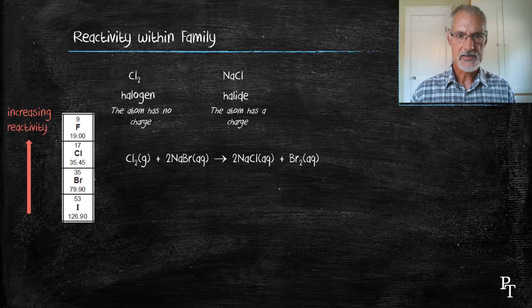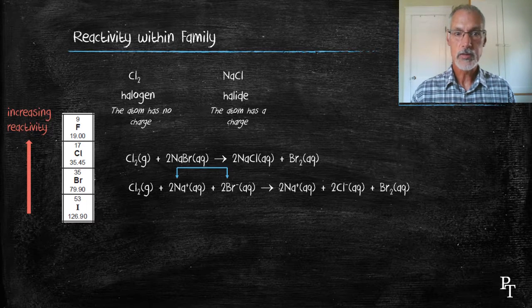In order to understand it more closely, I'm going to express the reaction as a net or ionic equation. You might recall that in ionic equations, species that are aqueous break apart into ions. So here, both the sodium bromide and the sodium chloride, which are aqueous, would break apart into their corresponding ions. So down below, we have the ionic equation.